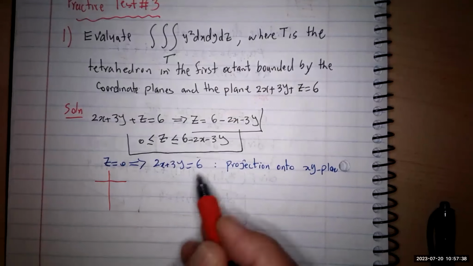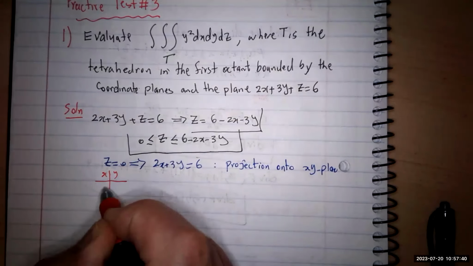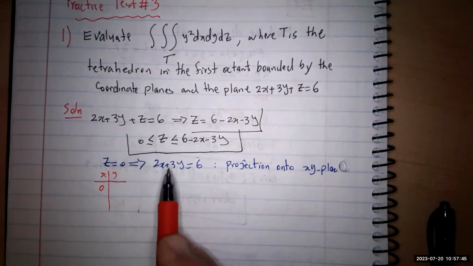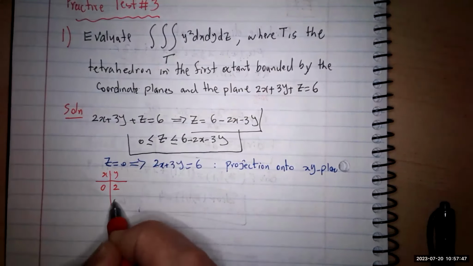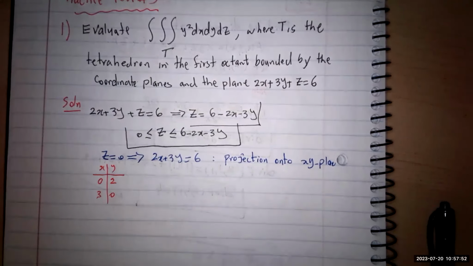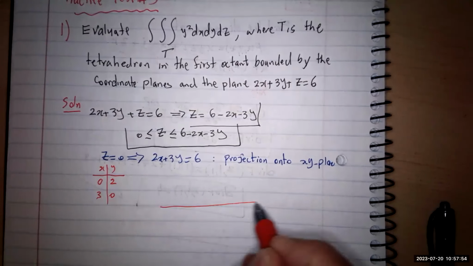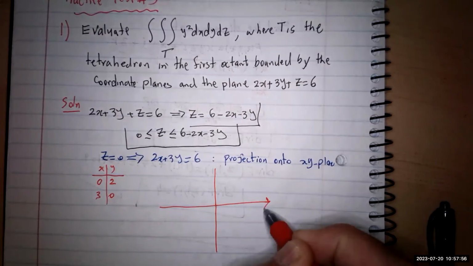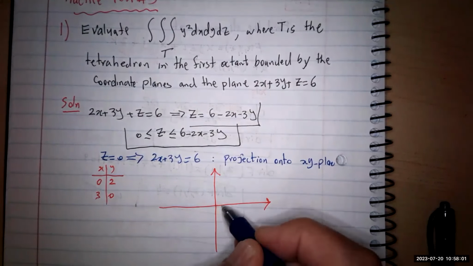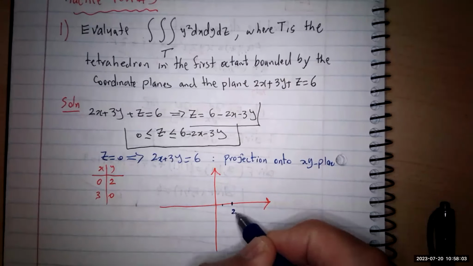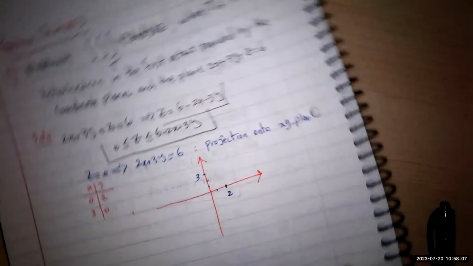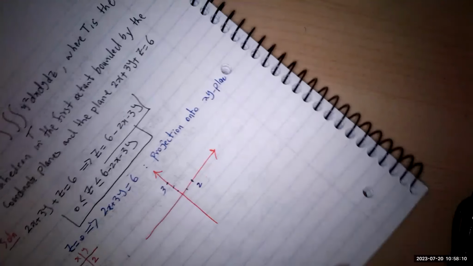Replace x by 0, and that gives you y equals 6/3, which is 2. Replace y by 0, and that gives you x equals 3. So this is the situation in two dimensions: the y-intercept is 2 and the x-intercept is 3, and the line is going to be this one.